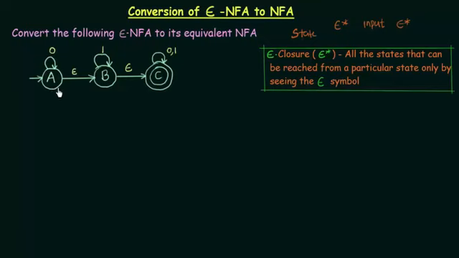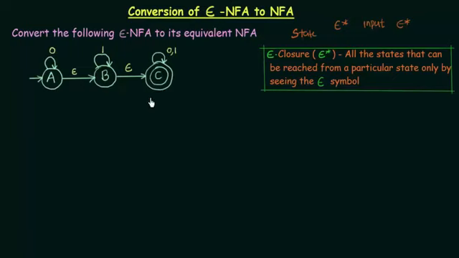On seeing Epsilon, A also goes to B, and from B on seeing Epsilon, it can also go to C. So without any other inputs, only by using the Epsilon symbol, A can go from A to B to C. So the Epsilon closure of A will be A, B, and C. I hope that was clear to you.